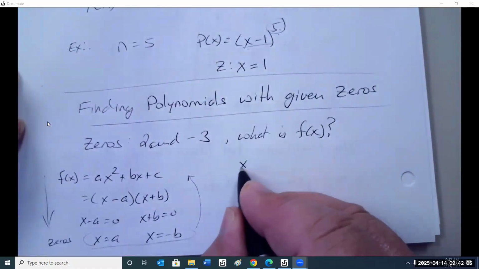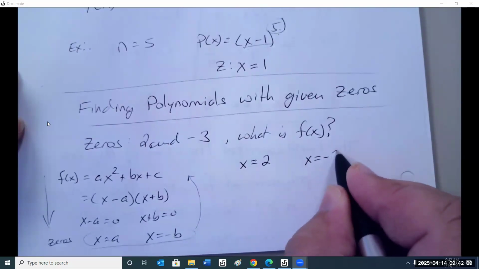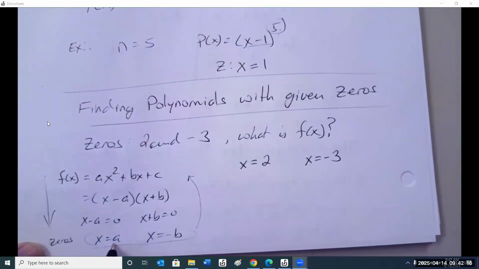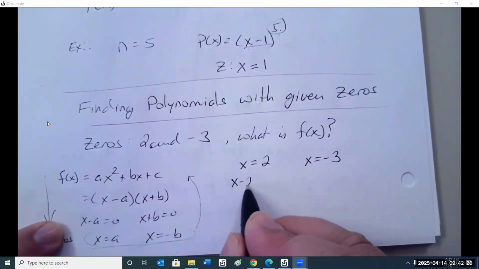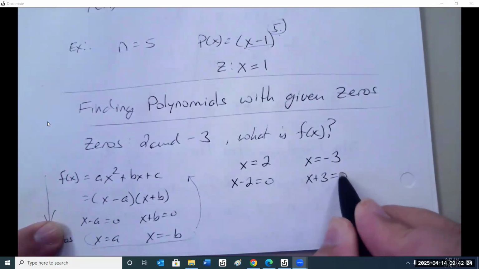So I start off with my zeros being x equals 2 and x equals -3. That's what I did with this first step here. Now I have to set them equal to 0. X minus 2 equals 0. X plus 3 equals 0.